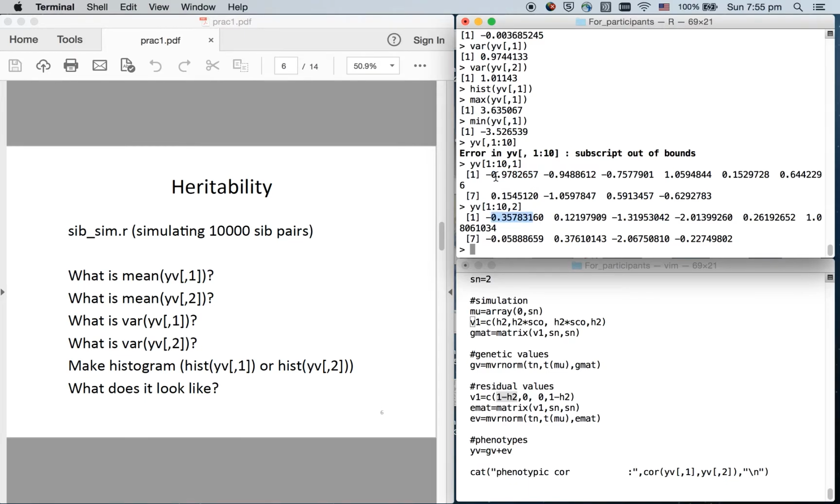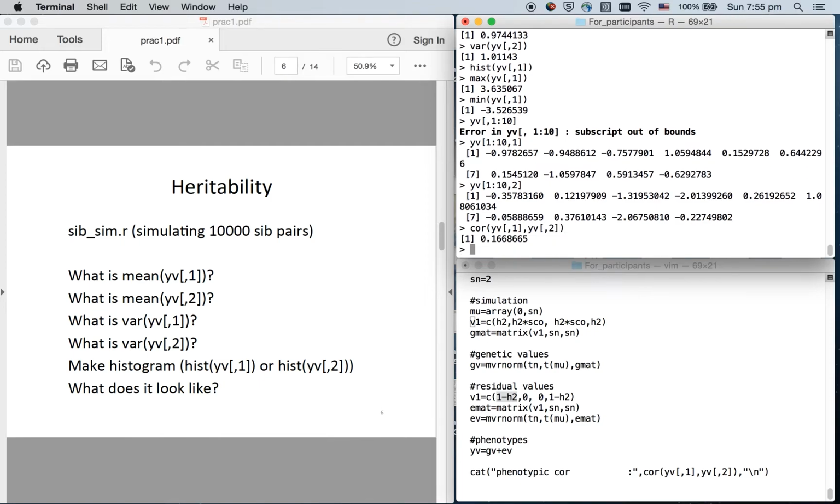So actually the phenotypic correlation is the correlation between this vector and this vector, right? So you can do correlation of y1 to y2.